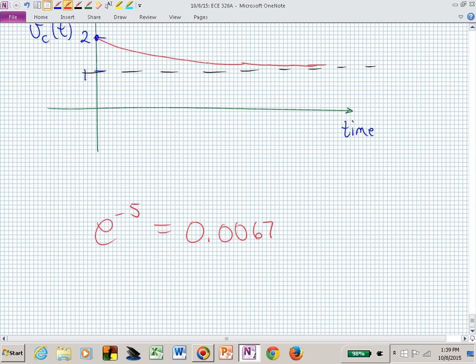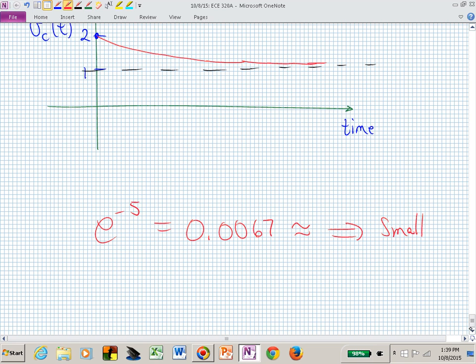So we have agreed this is smaller than 0.01, which is 1%, right? So this is small. And that's actually 5 time constants.